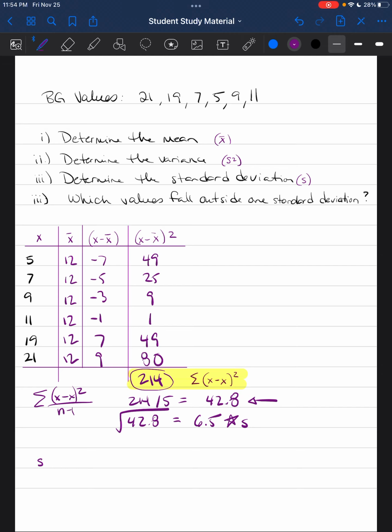So the standard deviation looks like s equals the square root of s squared, which is right here, to give us a standard deviation, as we can see right here. So 6.5.